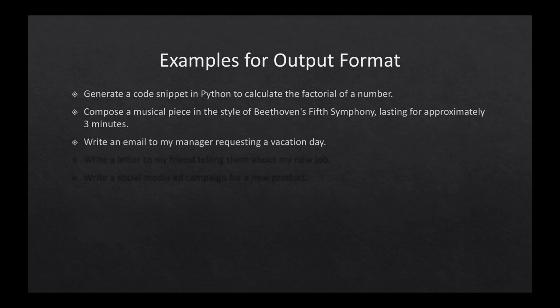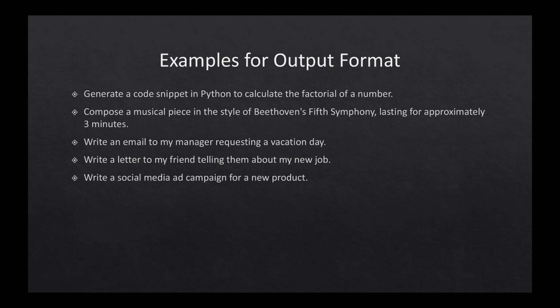In the third example, we are asking Google Bard to write an email to a manager. In the fourth example, we are asking Google Bard to output the content in the form of a letter written to a friend, telling him about a new job.